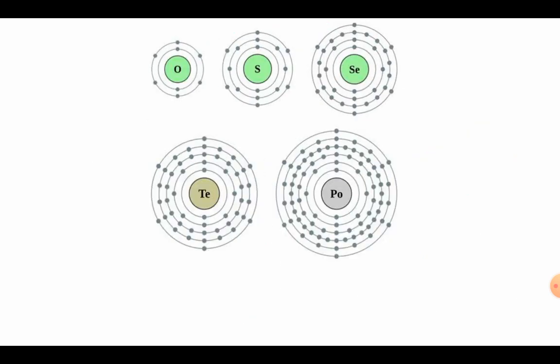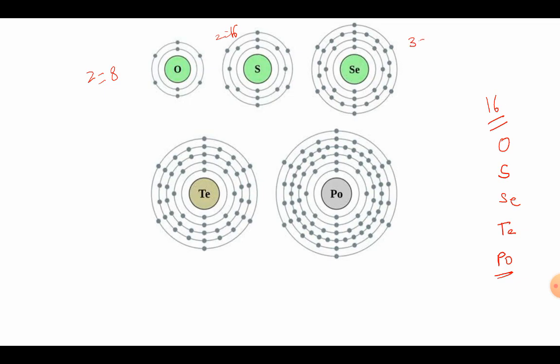Now we can see we have group number 16 over here. So what are the elements of group number 16? Oxygen, then sulfur, selenium, tellurium, and polonium. Let us quickly understand the atomic numbers. Oxygen is 8. Sulfur is 16.